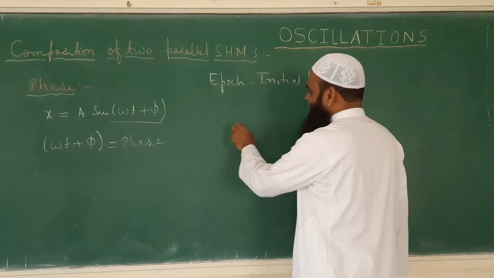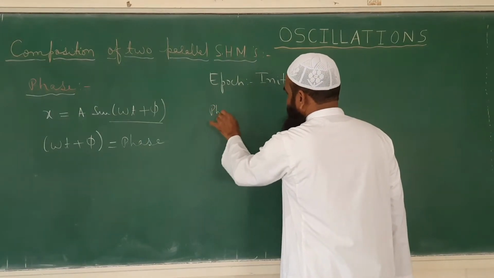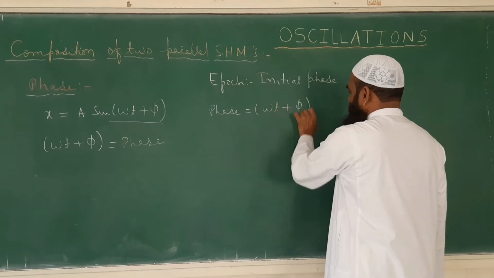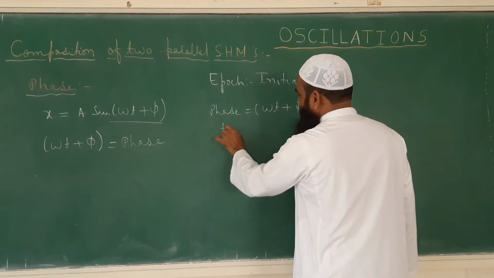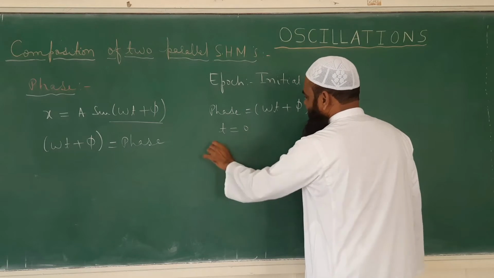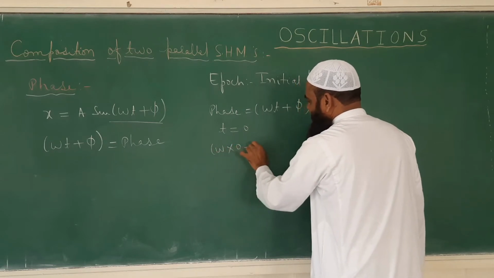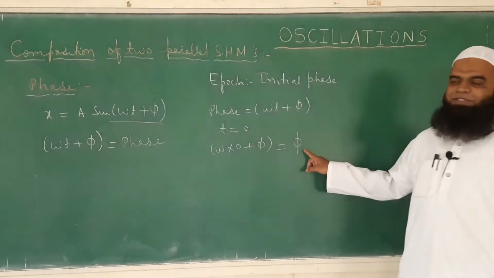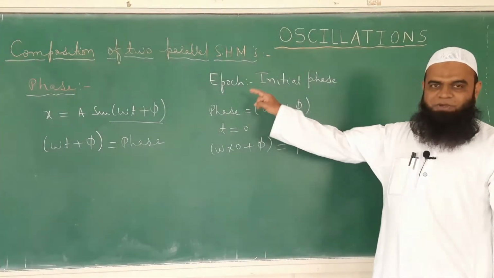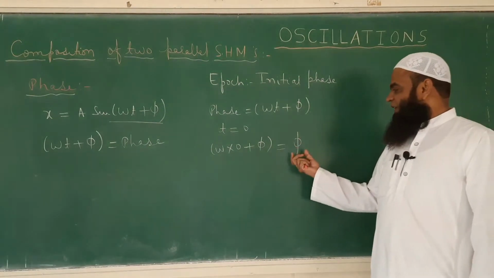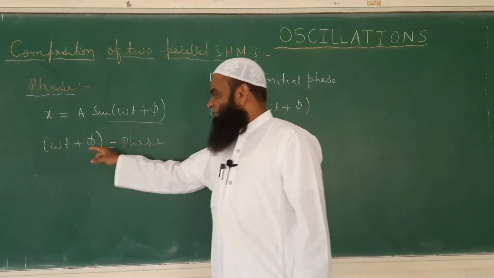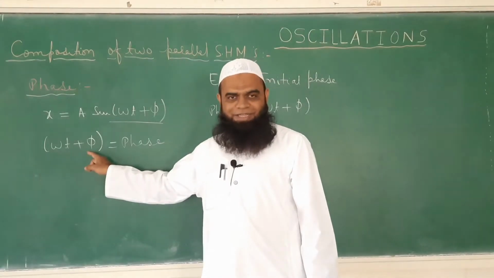As we know, phase is given by omega t plus phi. So at the start of motion, when t is 0, we get omega into 0 plus phi, which equals phi. So this phi is called epoch or initial phase, or we can also call it phase constant. And this omega t plus phi is also called the phase angle.